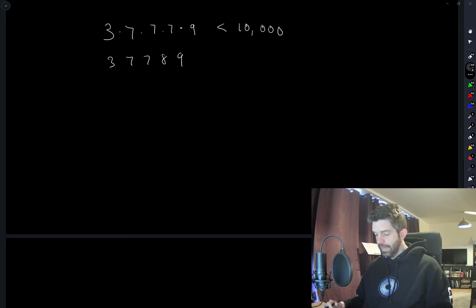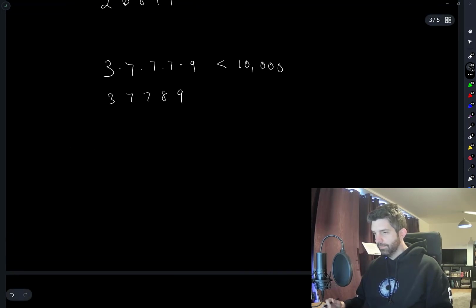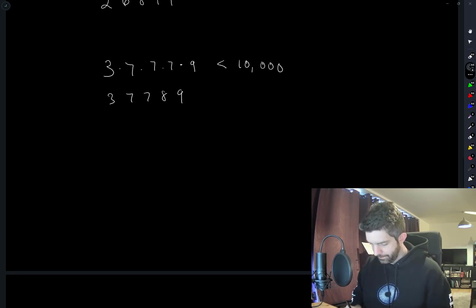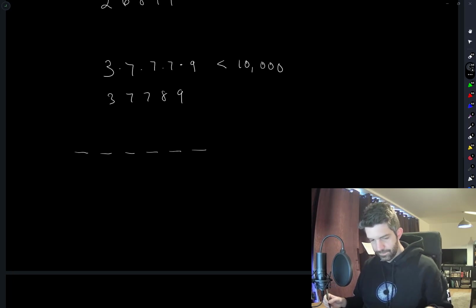Starting to think I want to look at 6-digit numbers now. So I can't even fill it. If I fill it all with 5s, that product is greater than 10,000. So the first number cannot be a 5.